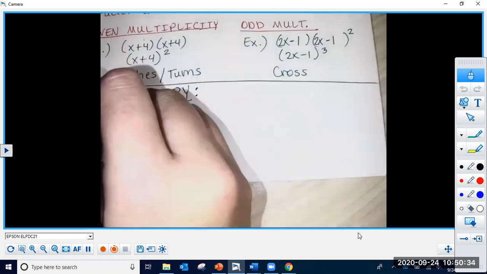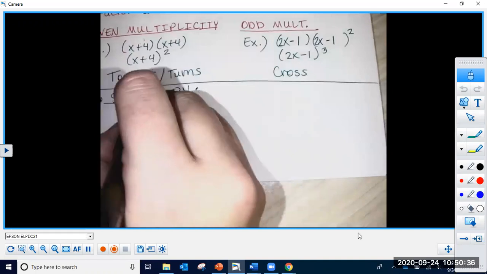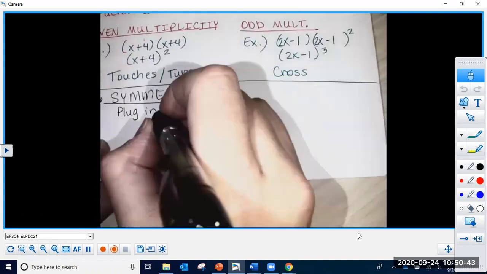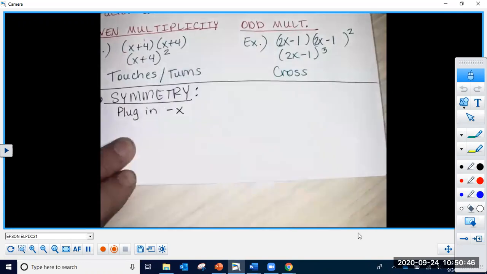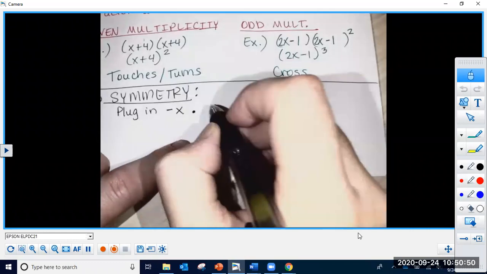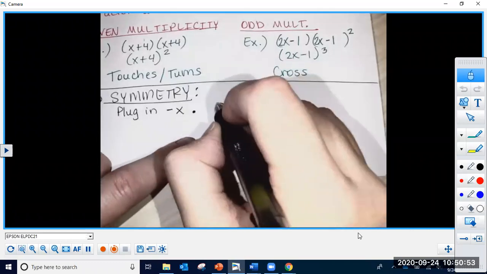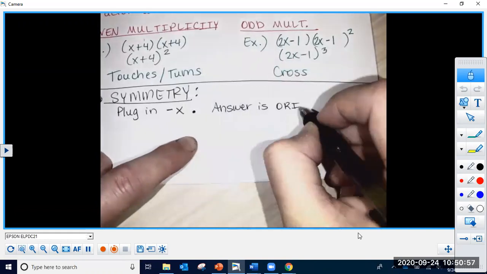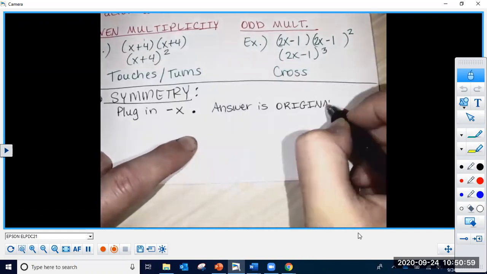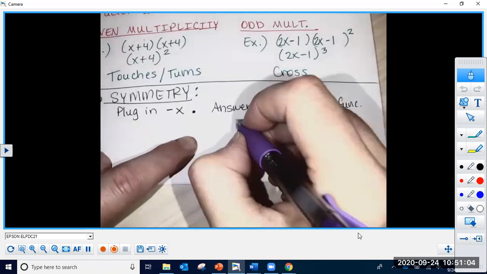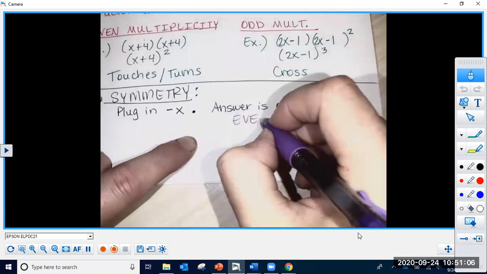Does anybody remember how to check symmetry algebraically? Okay, plug in negative x for every variable. If your answer is the original function, then it is an even function, and it's symmetric with what?